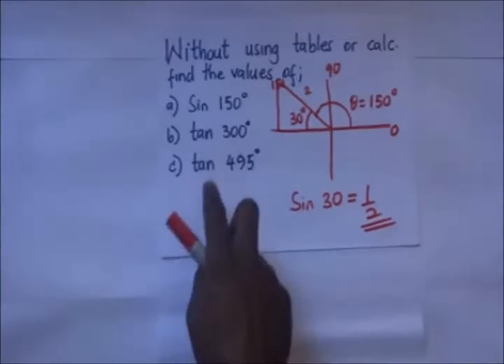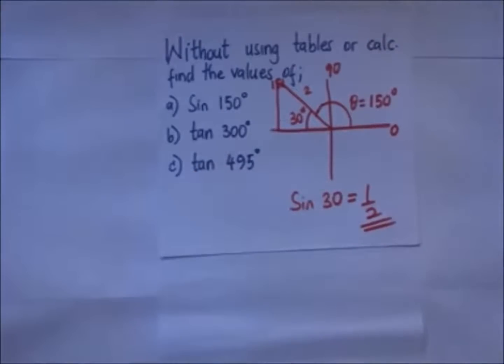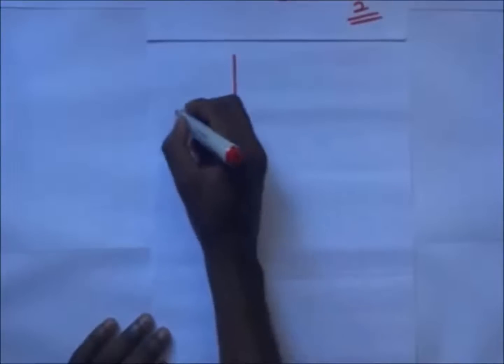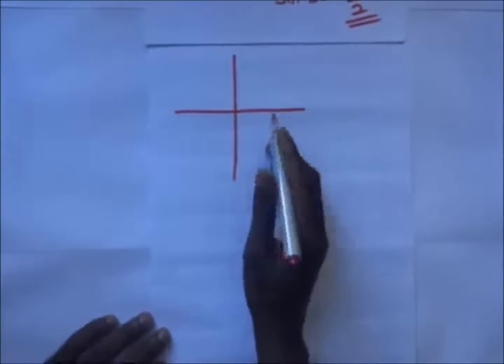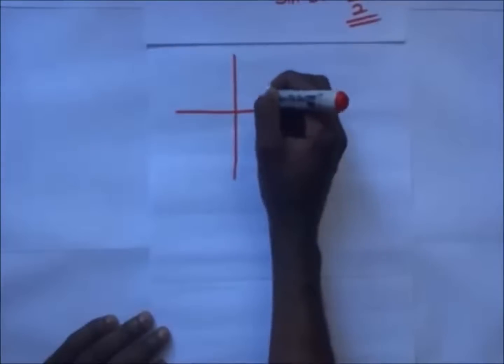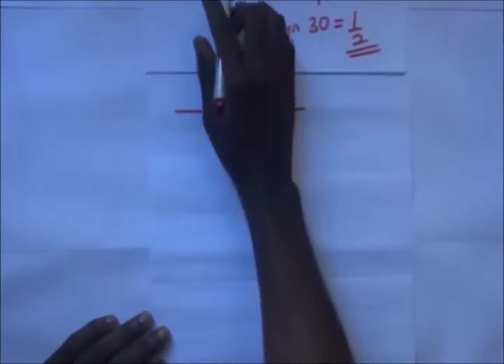So to find the tangent of 300, we need to first find out in which quadrant tan 300 lies. So again, we are going to draw our grid, our unit circle.